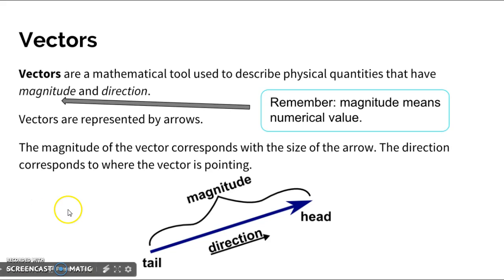Here we have an image of a vector. The magnitude is the size of this arrow, and the direction indicates the direction associated with the vector. Another point of terminology: we call this end the tail of the vector, and the pointy end the head of the vector.